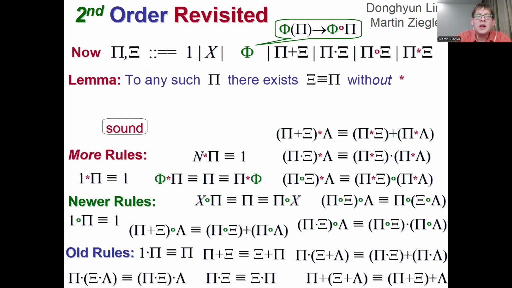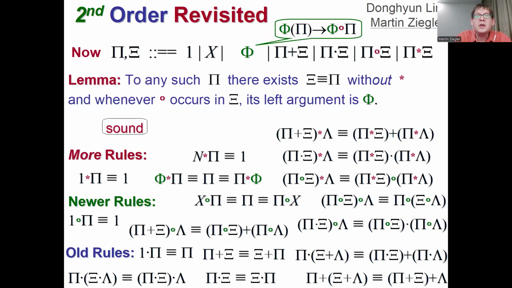Namely, to every thus redefined second order polynomial, there exists one without the second kind of composition, using only the first kind of composition. And whenever the first kind of composition occurs, its left argument is phi, which means this is the substitute for phi of polynomial p in our previous definition. So it's complete. And this is what allows us to generalize.